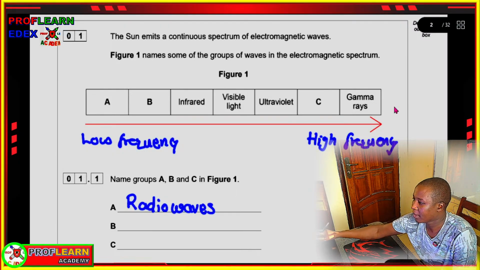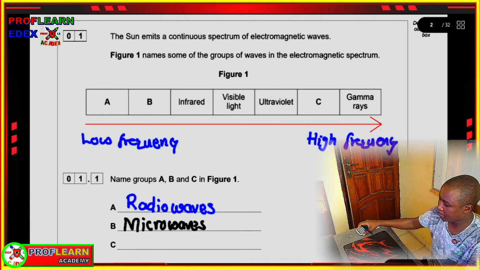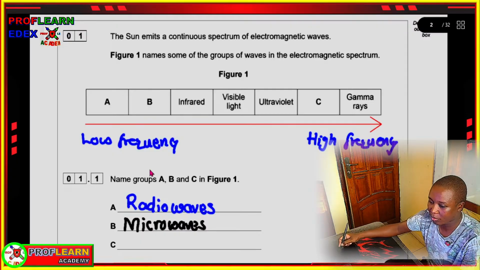This is basically microwaves. B is microwaves. And then we have C, which we are going to identify as X-rays.